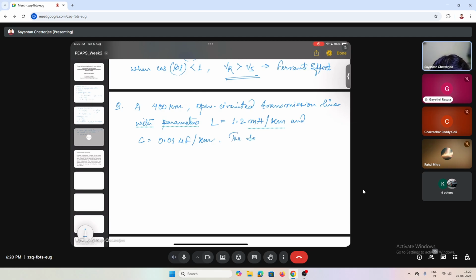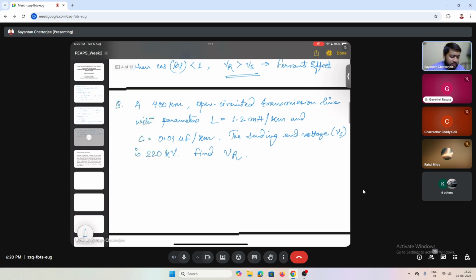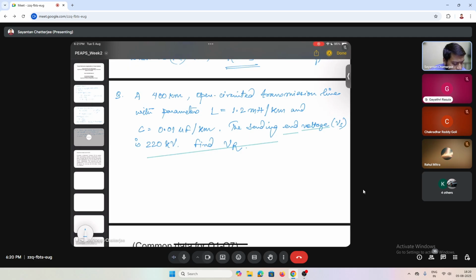The sending end voltage Vs is, let's say, 220 kV. In this case, find Vr. So these are the values given. Please find Vr.